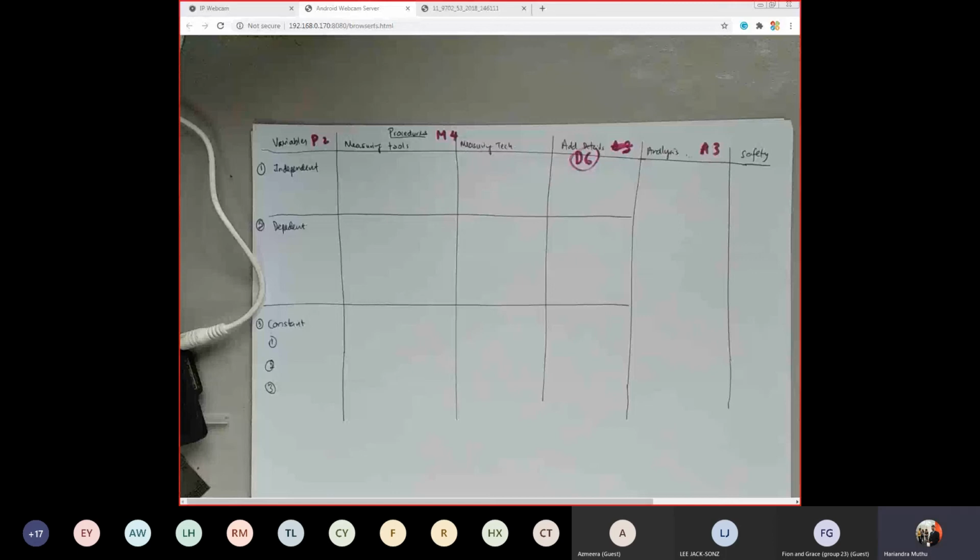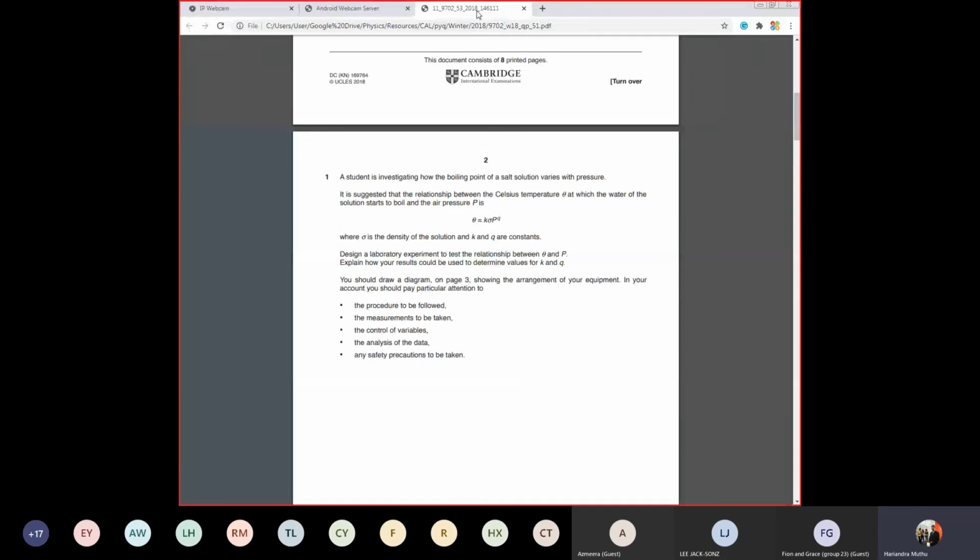All right. Okay, let's look at the question. The question says that a student is investigating how the boiling point of a salt solution varies with pressure. It's suggested that the relationship between the Celsius temperature theta at which the water of the solution starts to boil and the air pressure is given by the formula theta equals K sigma P^Q, right?